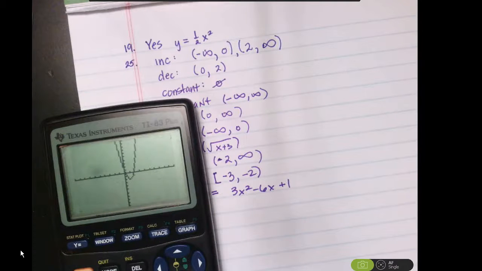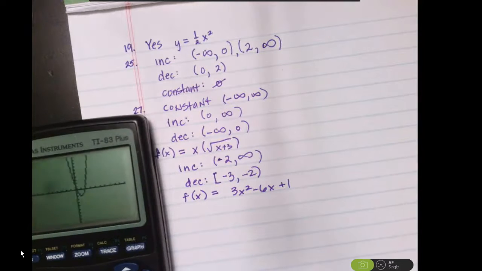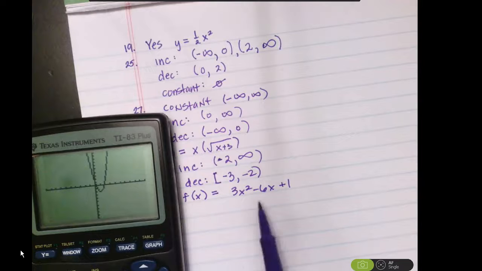So I'm looking at my graph. I was predicting that it would be a parabola because it is a quadratic, and we do those over and over and over again in Algebra 1 and Algebra 2 until we're so sick of parabolas.